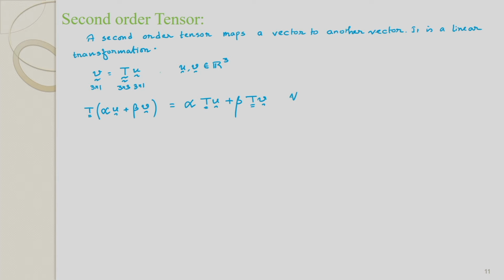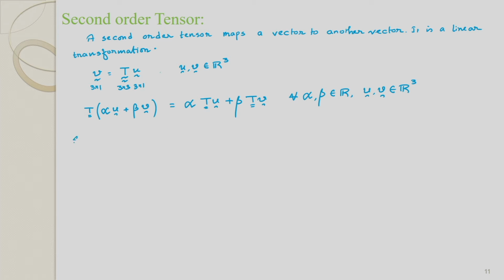Here alpha and beta are real constants and U and V are vectors. So, a second order tensor in this way follows the superposition theorem.